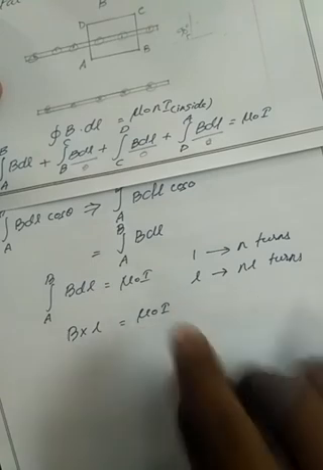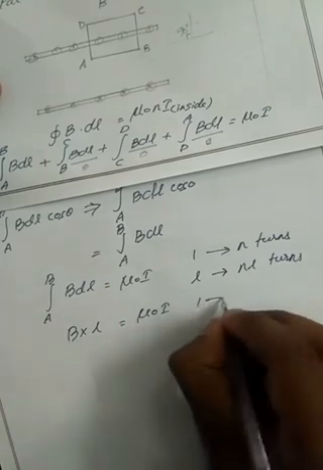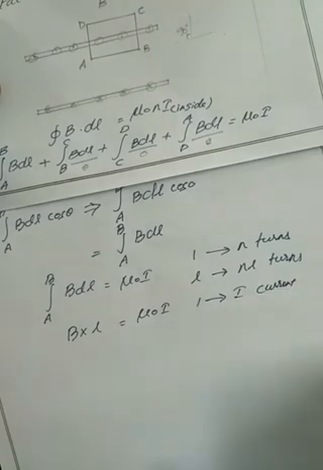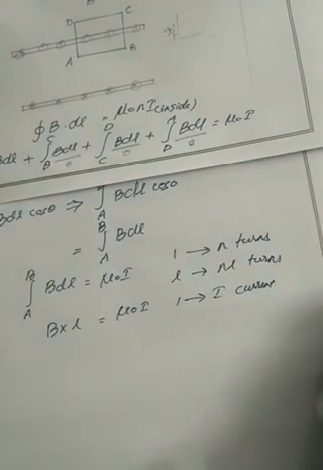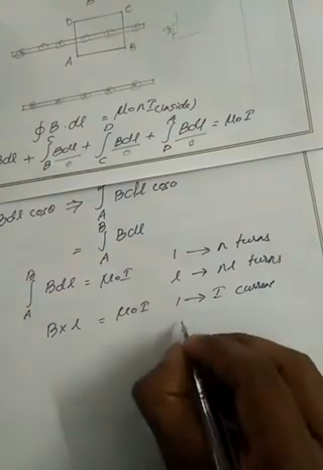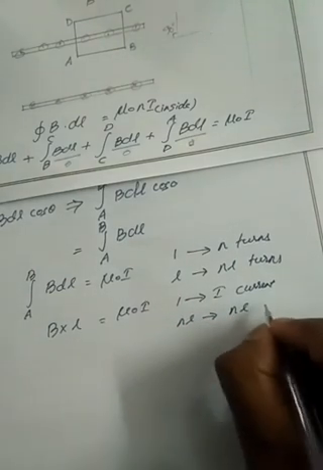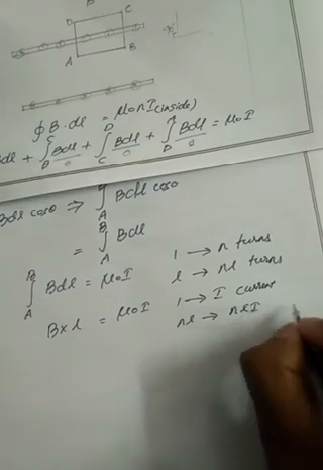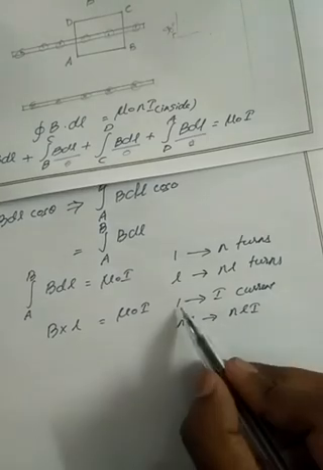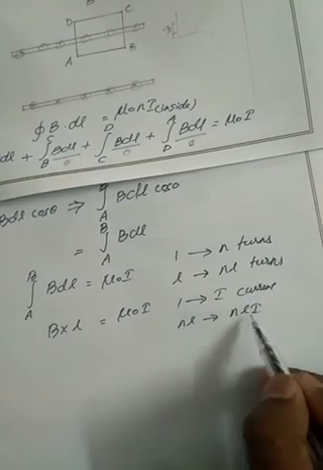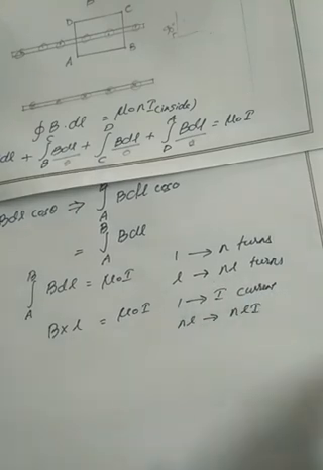So my magnetic field value, one turn will have I current. Then n into L turns will have n into L into I amount of current, right?